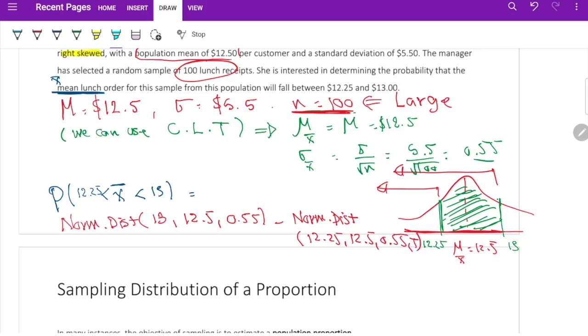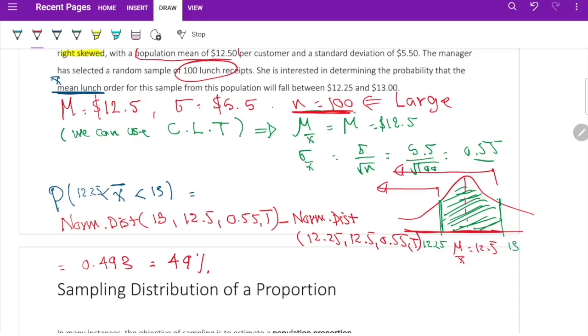I forgot the true there, by the way. This is comma, true. Now, if you do this in Excel, let's see what we get. This gives us 49.3, so it's about 49%. So the chance that this sample mean is going to be between these two numbers is 49%.